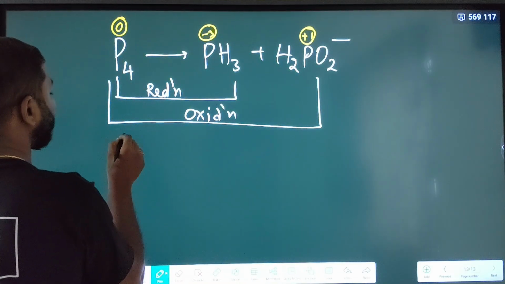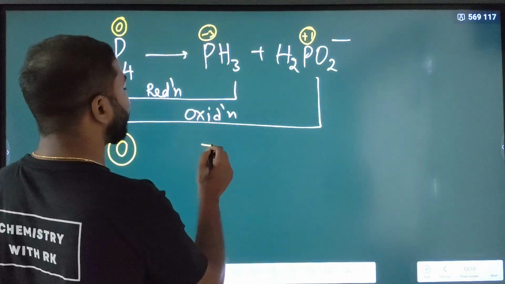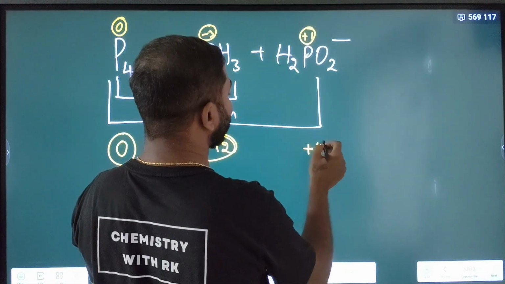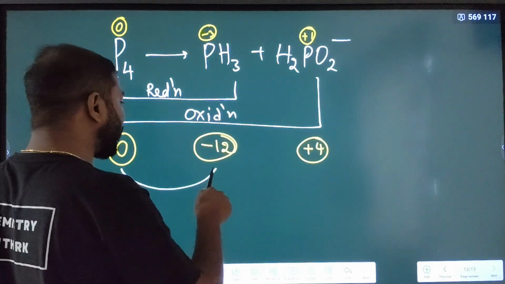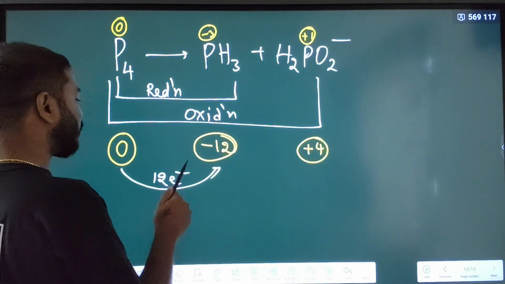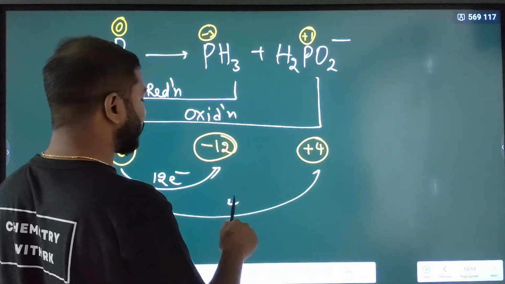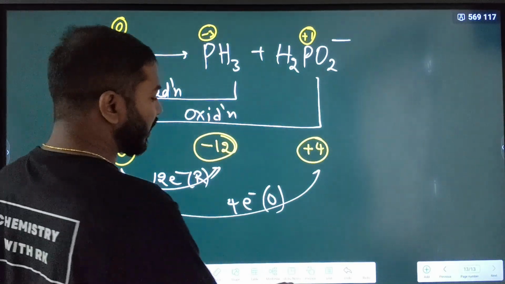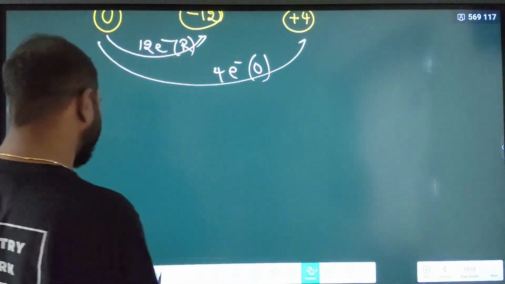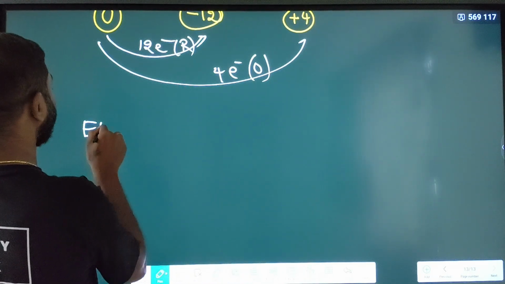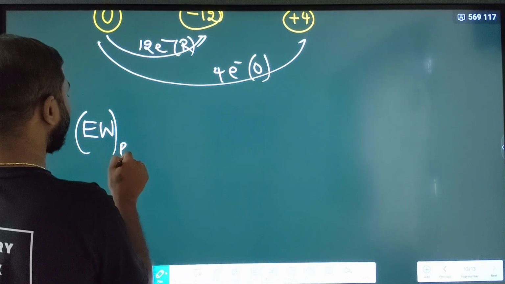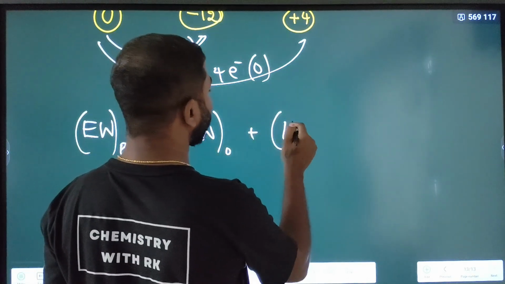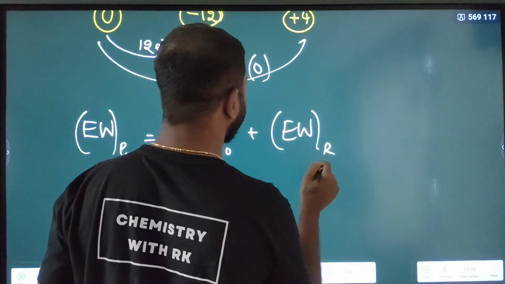Oxidation number for 4 phosphorus is 0, and for 1 phosphorus -3, so for 4 phosphorus it is -12; 1 phosphorus +1, so 4 phosphorus +4. Now how many electrons are involved in this change? That is 12 electrons, and then this is 4 electrons. So here this is oxidation, this is reduction. As usual, we know that the equivalent weight of the overall reaction equals the equivalent weight of the oxidation reaction plus the equivalent weight of the reduction reaction.